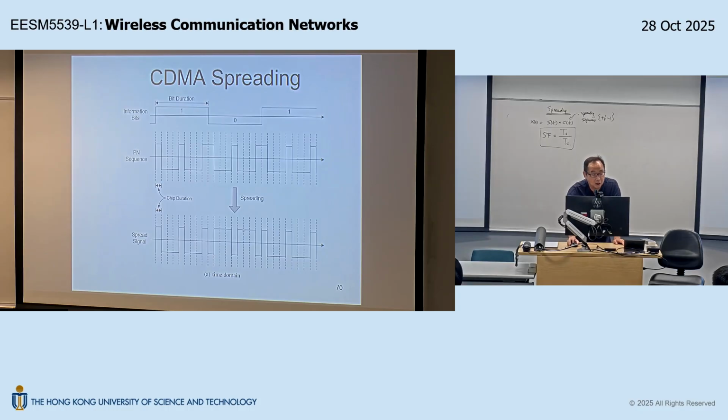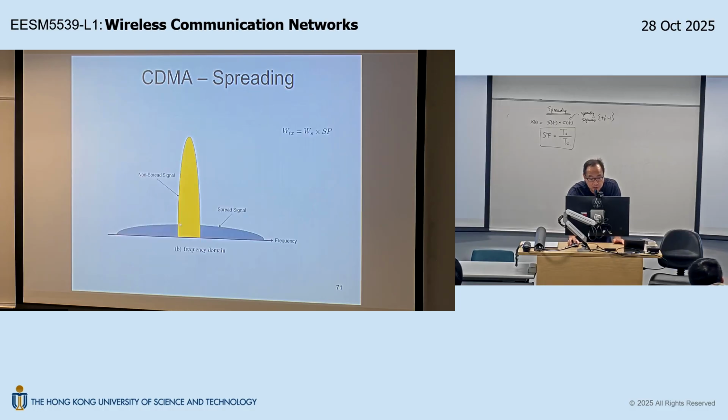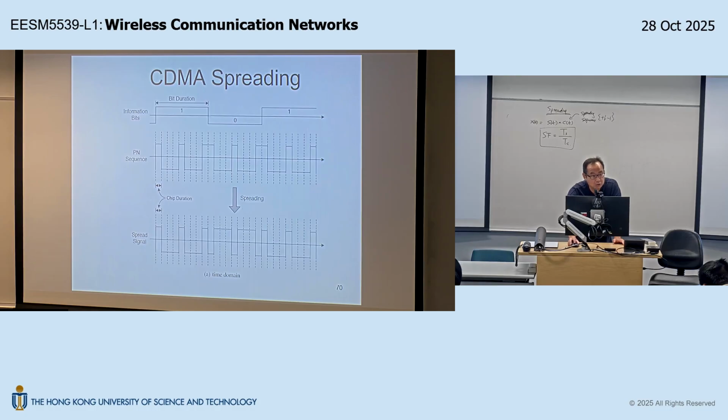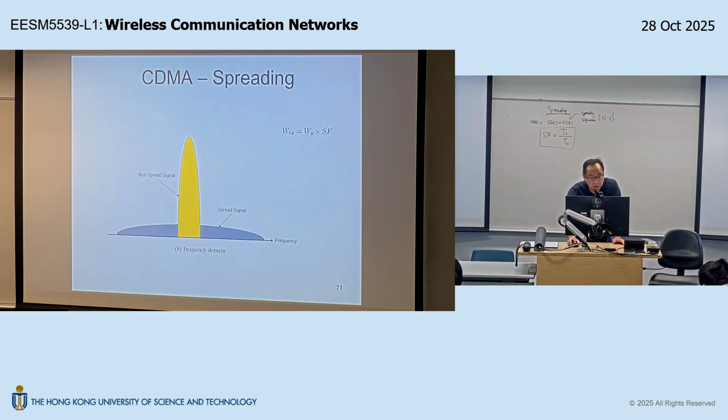Okay. The corresponding frequency domain picture is like this. So this is the input signal to the spreading box, right? So before spreading, if you look at the frequency spectrum, the spectrum is something like this, the yellow spectrum. This bandwidth is 1 over Ts, right? And this is a symbol duration Ts, which is pretty big, so therefore 1 over Ts is pretty small. It's a narrow band signal.